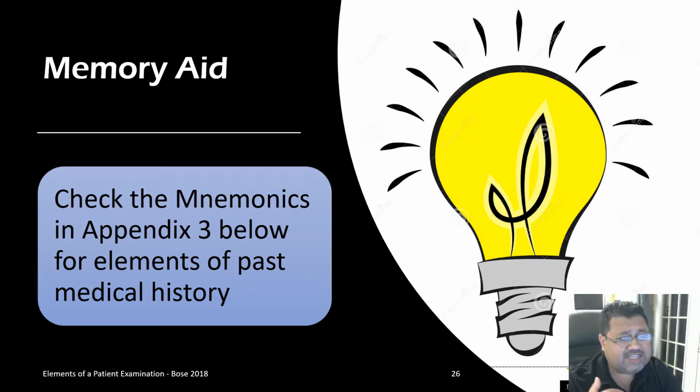And when I say that, I am referring to the diseases and disorders that we typically ask about. Do you have any history of heart disease? Do you have any history of breathing troubles and things like that? That is listed down there.